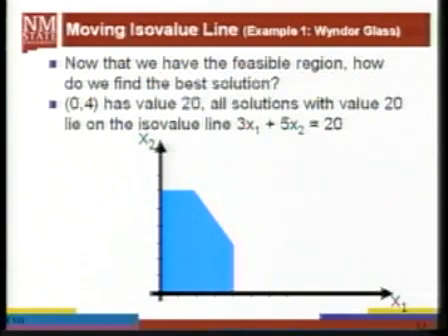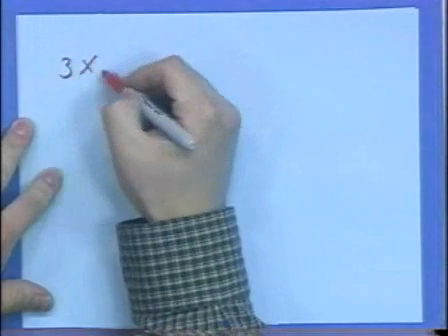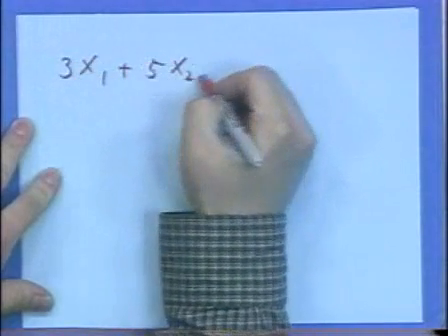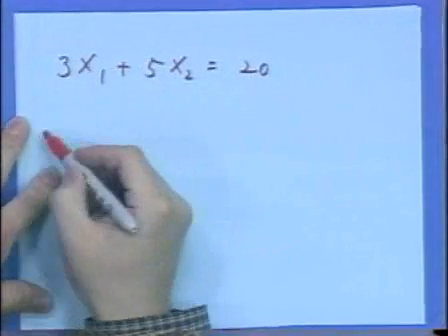Because 3 times 0 plus 5 times 4 becomes 20. So the point (0, 4) lies on the iso-value line, which is z equals 3x1 plus 5x2 equals 20, right? 3x1 plus 5x2 equals 20.